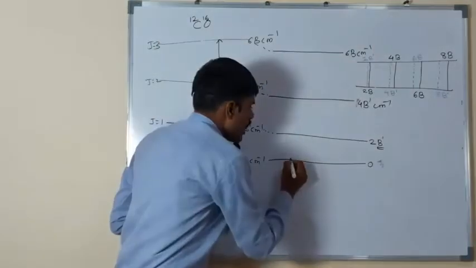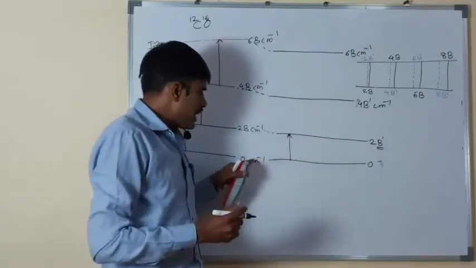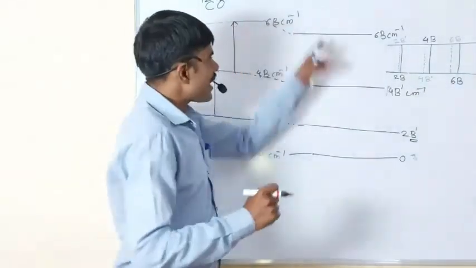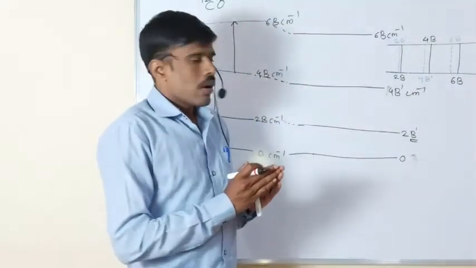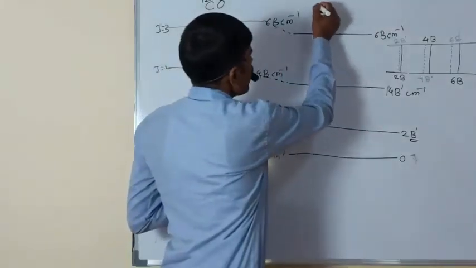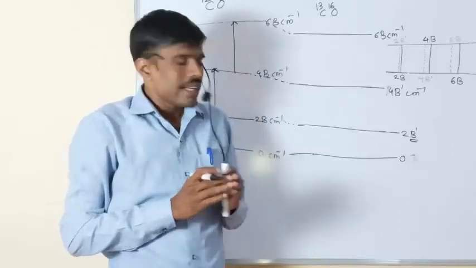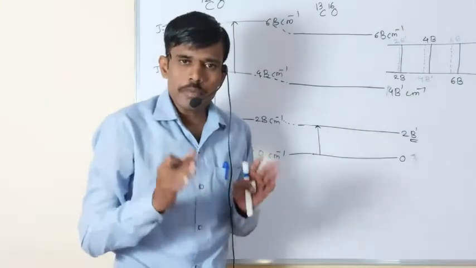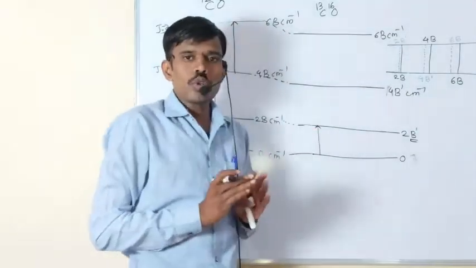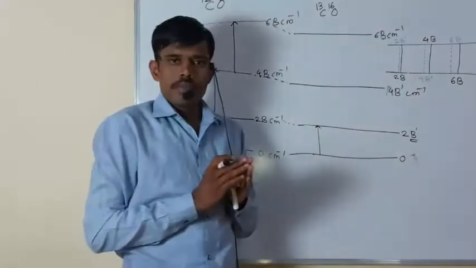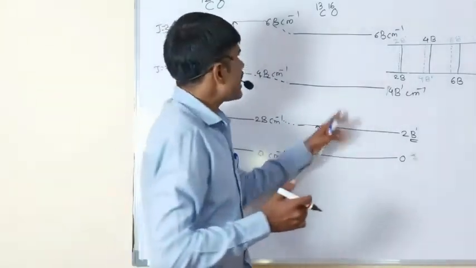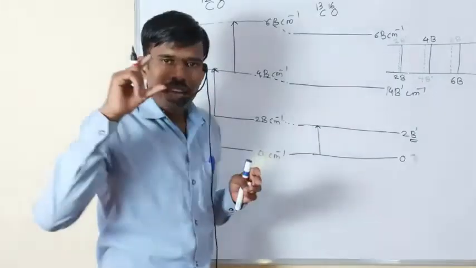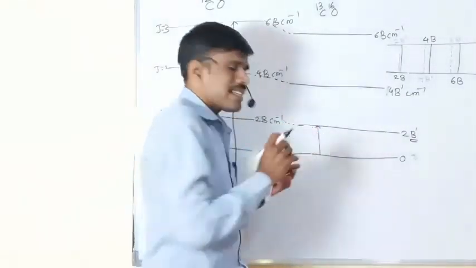So the energy required for transition from J equal to 0 to J equal to 1 will decrease. Suppose these are the energy levels after replacement of C12 with C13. In these energy levels, the first line is observed due to transition from J equal to 0 to J equal to 1. Due to increasing reduced mass, B value decreases and the energy required for this transition decreases.